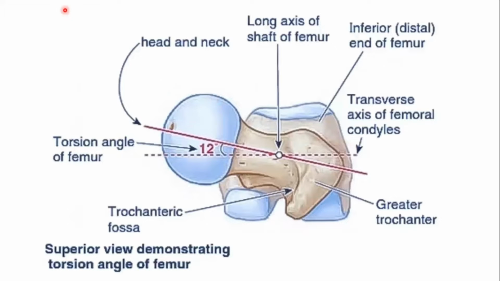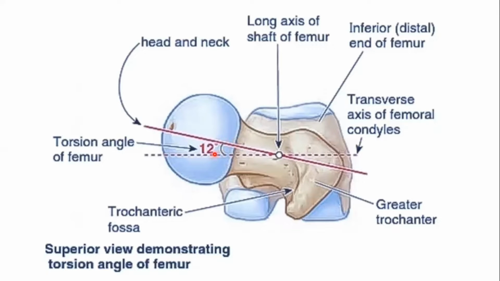It's a beautiful picture. You focus on this. You can see the torsion angle of the femur. Another angle. This is the head and neck, here you could see the axis of the head and neck. And you could see this, the shaft of the femur, right?